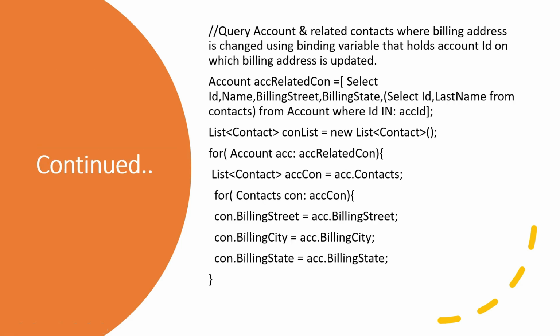Now we have to query account records and associated contacts using a parent-child relationship query by using this binding variable accId.